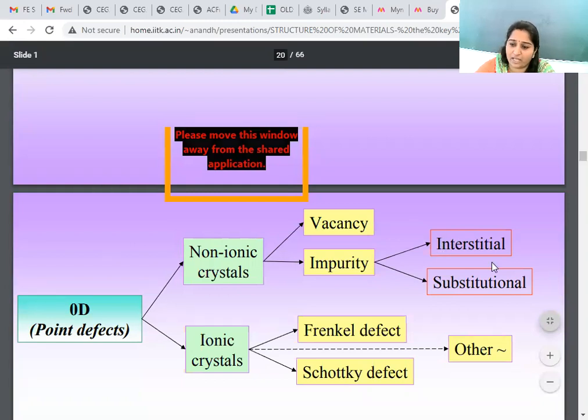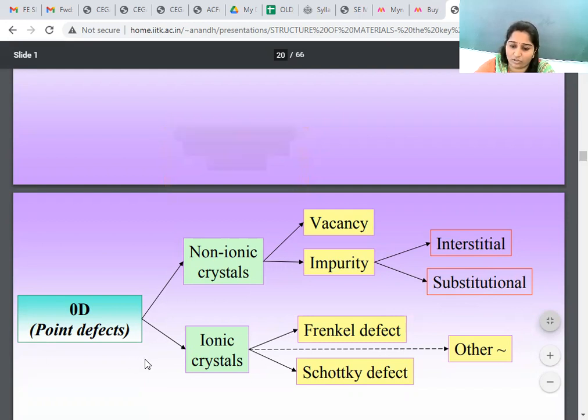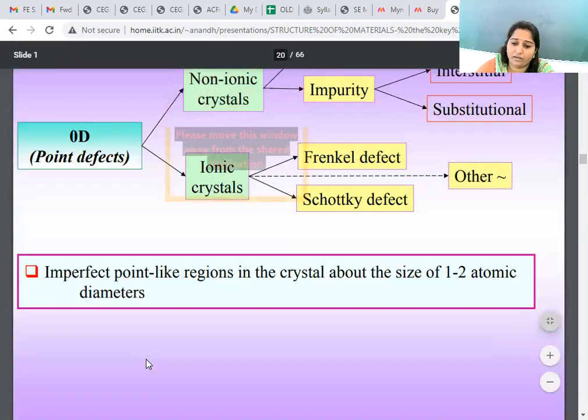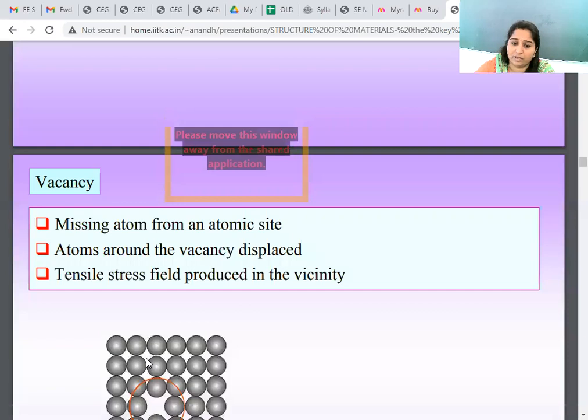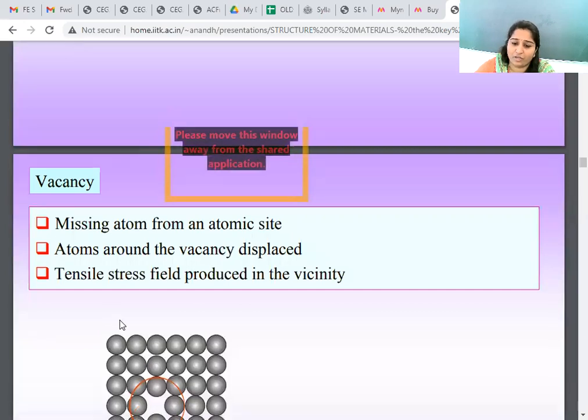In non-ionic crystals, there are vacancy and impurity, and impurity has two types, interstitial and substitutional. In ionic crystals, there are Frenkel defect and Schottky defect, and a third one. Now, vacancy.